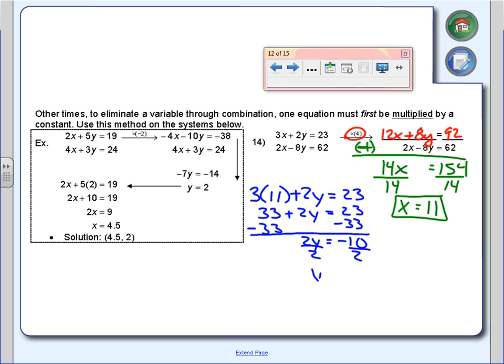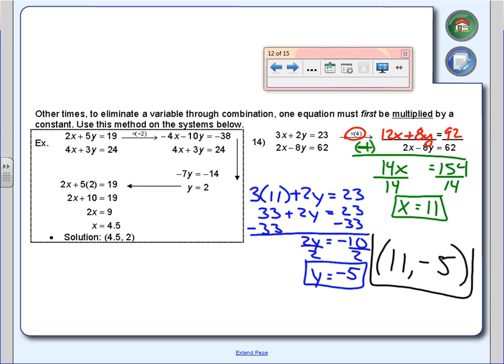Divide by 2. And negative 10 divided by 2 is negative 5. Therefore, we have both the x and the y value. Of course, we need to write it as an ordered pair, and that ordered pair is 11, negative 5. So there's my solution to this system.